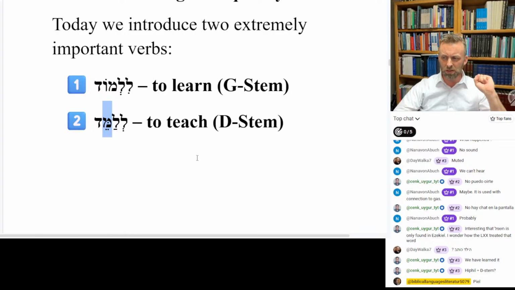But in biblical times, that would have been doubled just as it is in Aramaic and in Arabic today. Modern Aramaic and modern Arabic preserve the doubling. Okay? So that's why we call it the D stem. So lilmod is the G stem verb meaning to learn. Lilamed is the D stem verb meaning to teach.